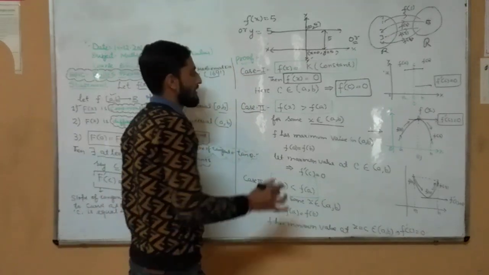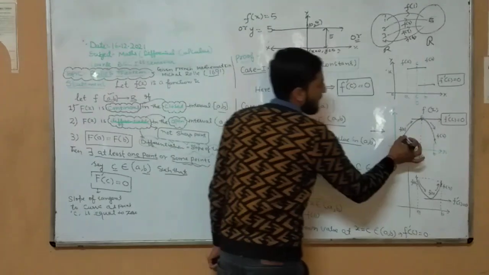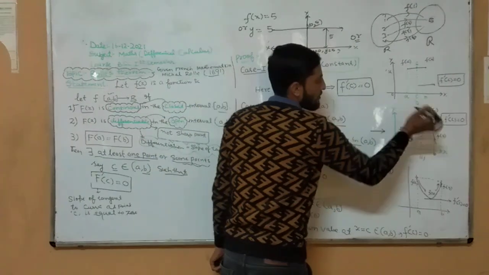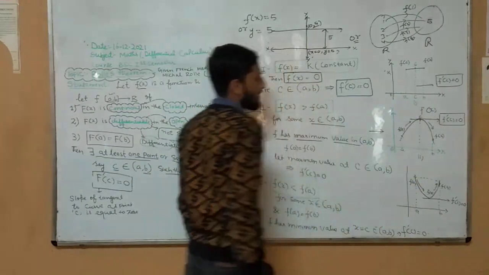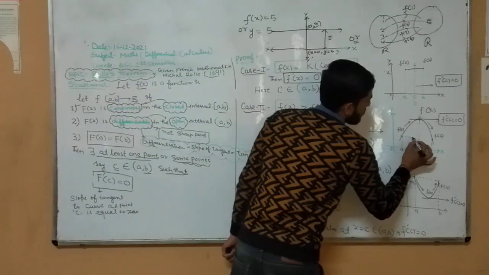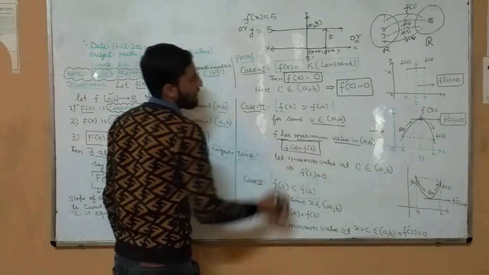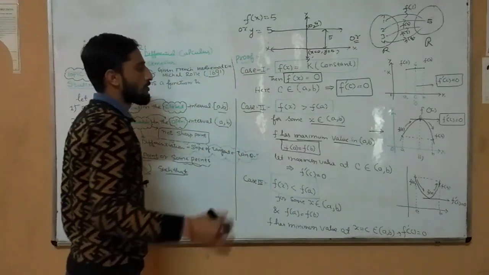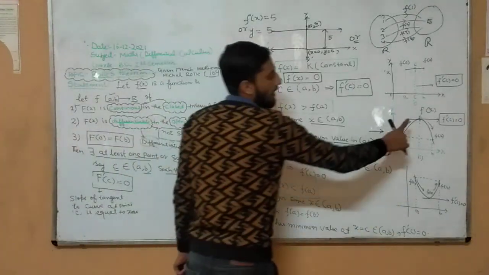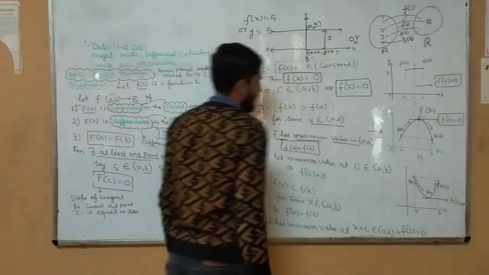It means f has a maximum value in (a, b). Here we want to show that the tangent line drawn at this point gives f'(x) equal to 0, at this point C.